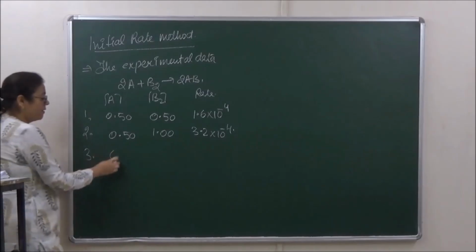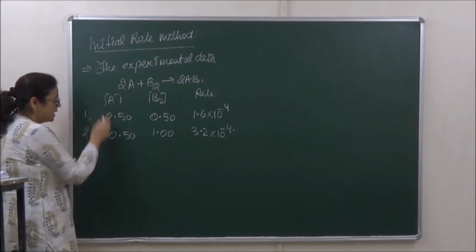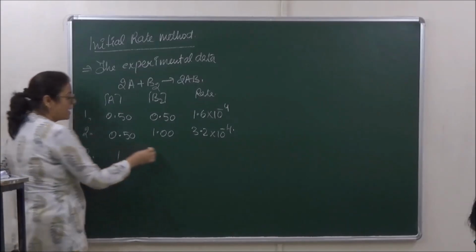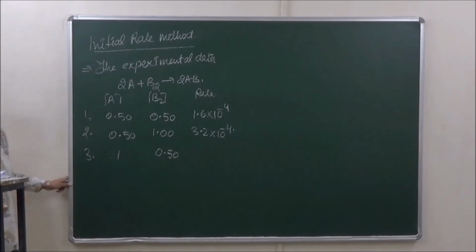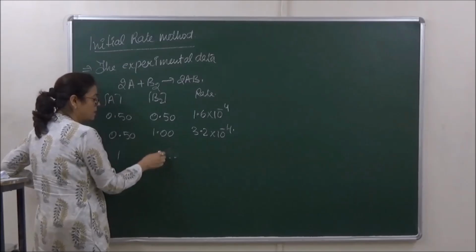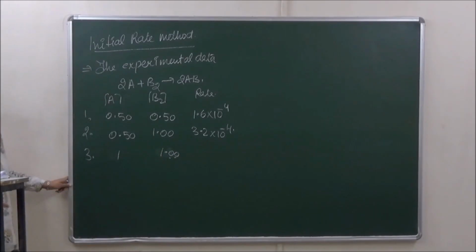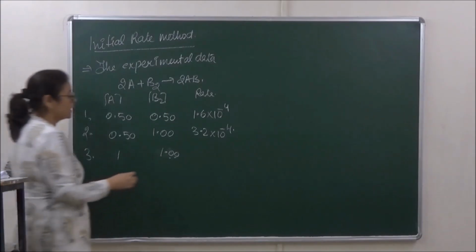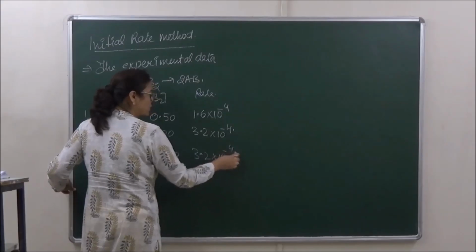And then when the concentration of A becomes equal to 1 and the concentration of B2 becomes equal to 1, the rate of the reaction is given as 3.2 into 10 raised to power minus 4.